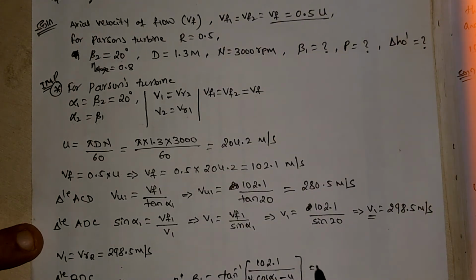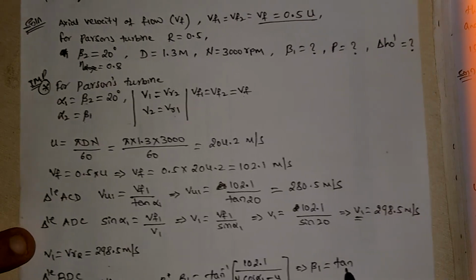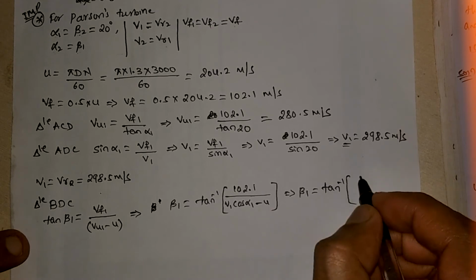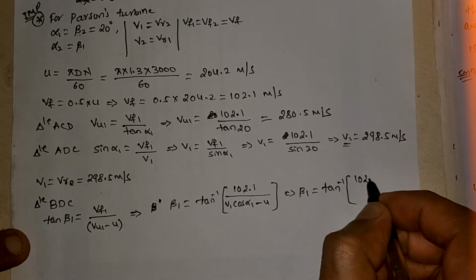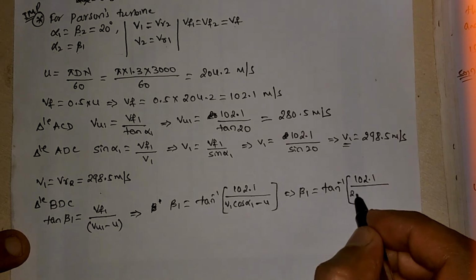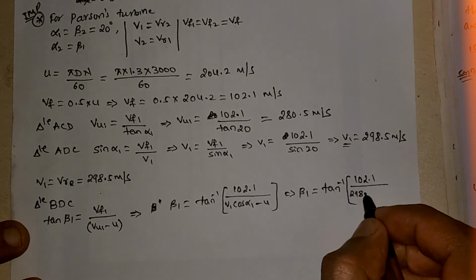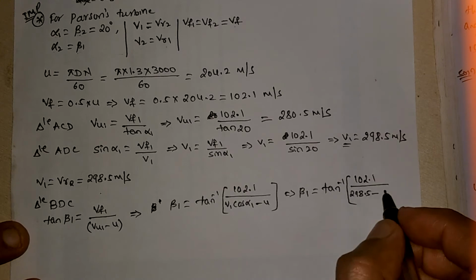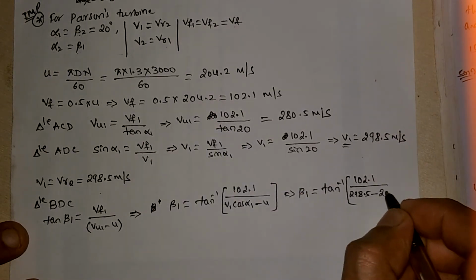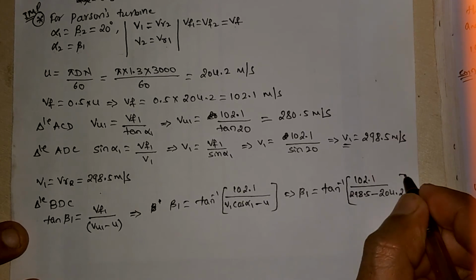So again I am going to substitute the values here. Beta 1 is equal to tan inverse of, in brackets, 102.1 divided by V1, which is 298.5, minus u. The value of u is 204.2, right?